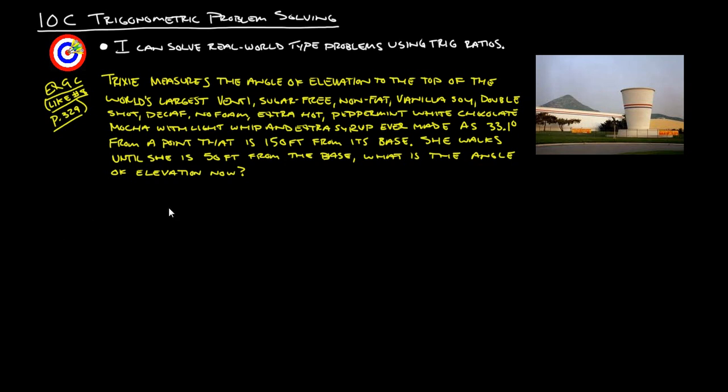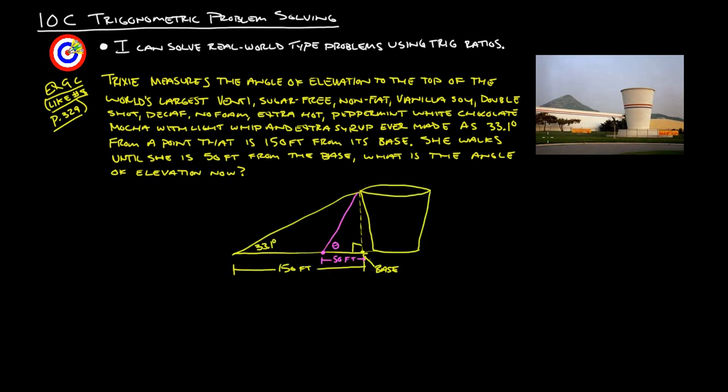So it'd be handy to have a little picture here. I kind of redrew this here already with a picture, because you know how difficult it is for me to make circles and straight lines. So this is as good as it gets. Again here, she's standing 150 feet from the base of the cup. The angle of elevation is 33.1 degrees.